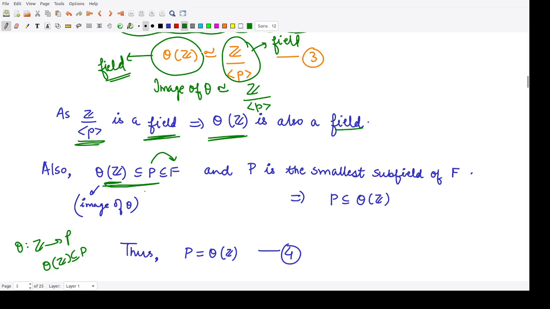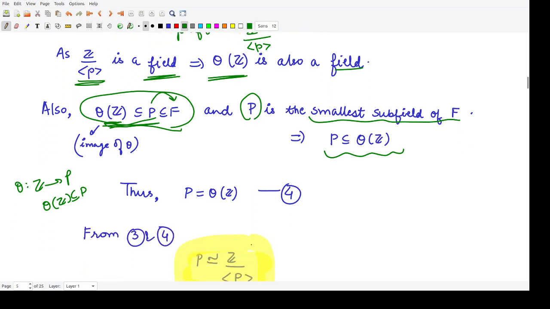So from here we can say that this is one containment, and because P was assumed to be the smallest subfield of F, this P would be contained in theta of Z. So this is another containment. Using the containment that theta of Z is contained in P, and here P is contained in theta of Z, these two are equal.